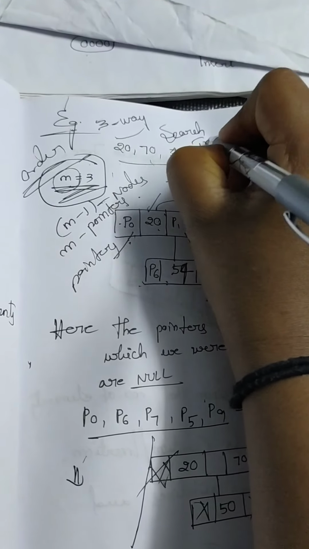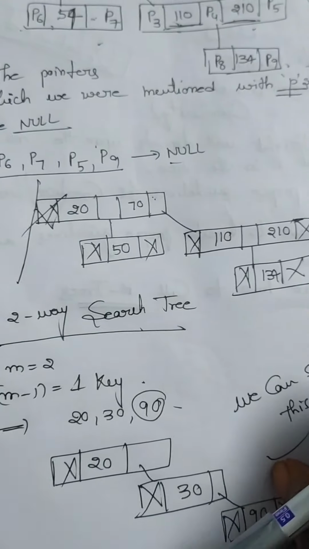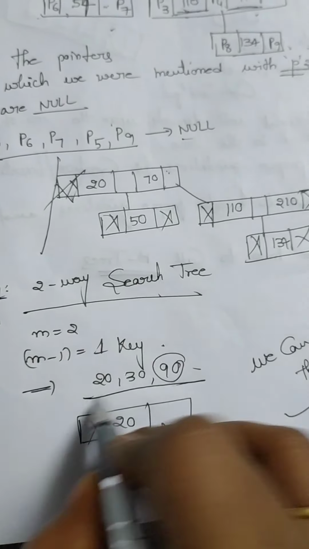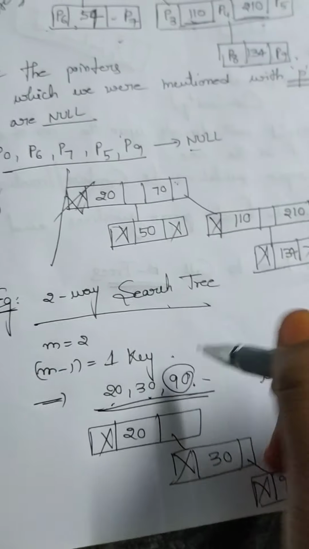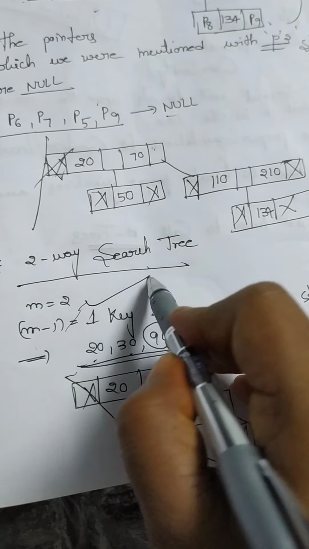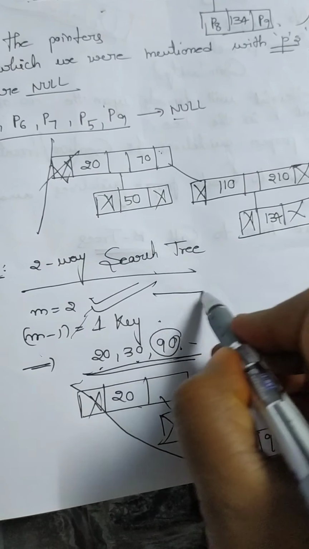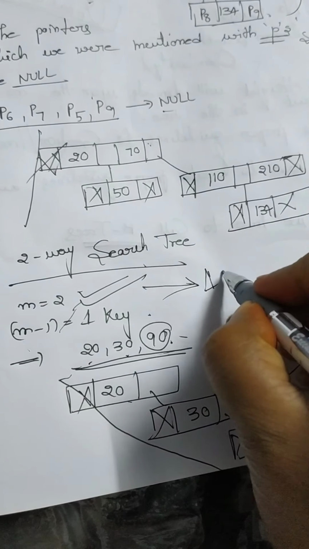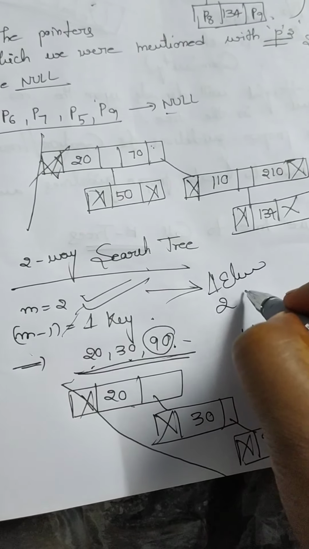This is the 2-way search tree example. If we take 20, 30, 90, here M equal to 2, so we may have one element and 2 pointers.